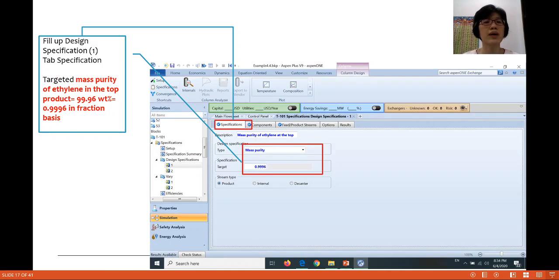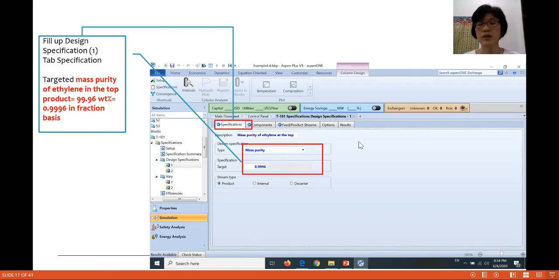Target number 1 is the mass purity of ethylene in the top product must be at least 99.96 weight%. In fraction, it is 0.9996. Okay? So you have to choose mass purity. Obviously, this is mass because it is weight%, and you have to put in fraction basis. So this is the design spec 1 specification.